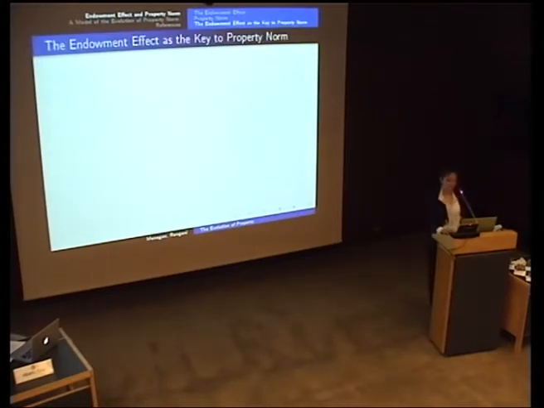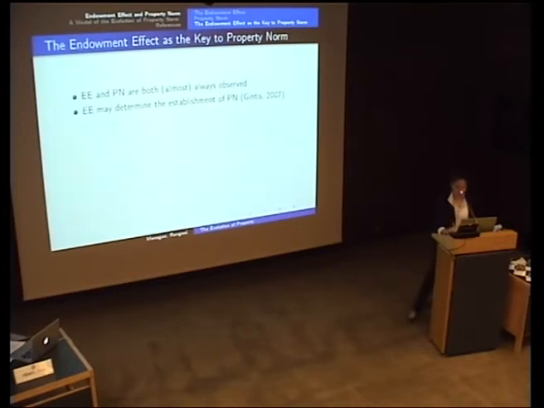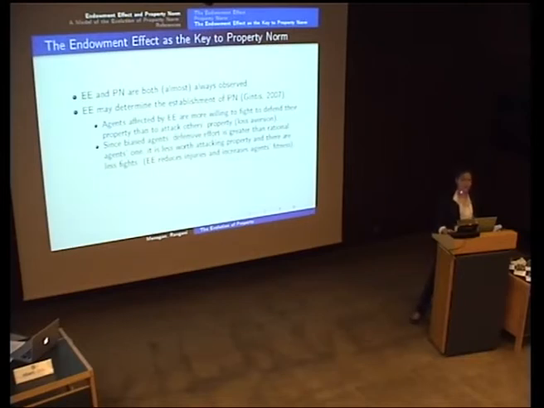We believe the endowment effect could be the key to property norm, as has been stated by Gintis. They are both almost always observed, and since the endowment effect leads to loss aversion, agents biased by the endowment effect are more willing to fight to defend their property than to attack other property. And since the expected defensive effort of owners is greater in a biased population, non-owners will attack less since they expect a greater effort from the adversary and then a greater injury.